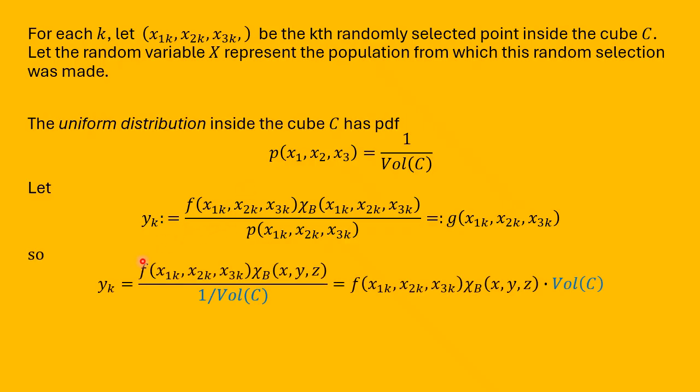Looking at what we have up here, y sub k, if we put the whole thing together, remember that the p function here is 1 over the volume of C. So this stuff right here is equal to this integrand divided by 1 over the volume of C. And so that's going to be equal to this function times this function, and dividing by the reciprocal of this volume just gives us a factor of that volume.